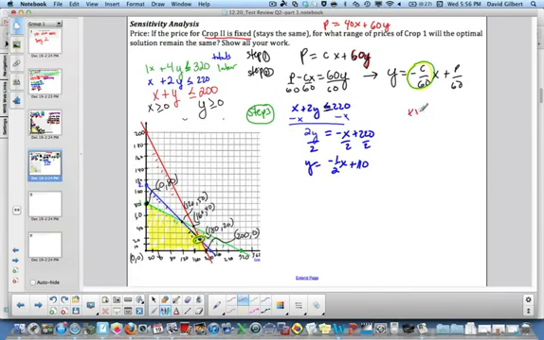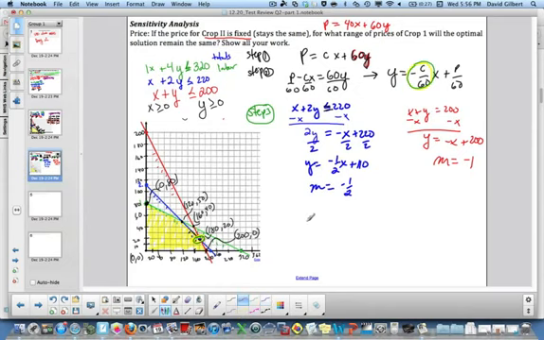Now, for the other equation, that's pretty easy. You got x plus y equals 200, subtract x, and we got y equals negative x plus 200. So here, our slope is negative 1, and here our slope is negative 1/2. Right? So negative 1 is less than negative 1/2.